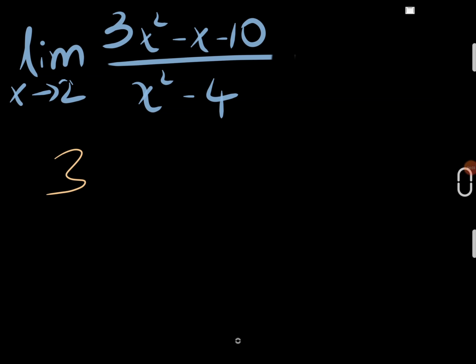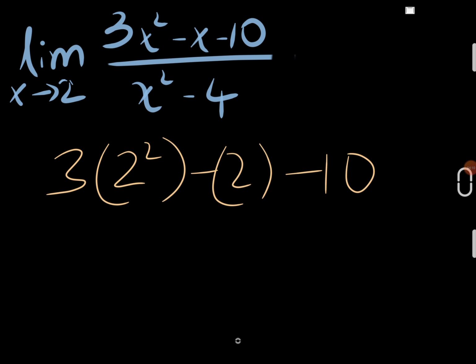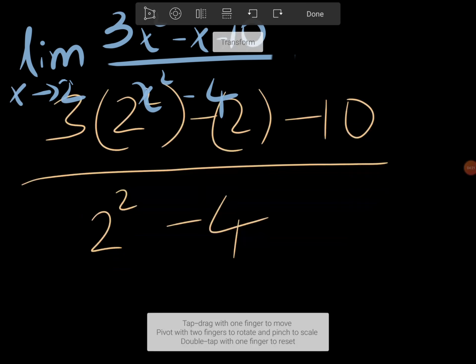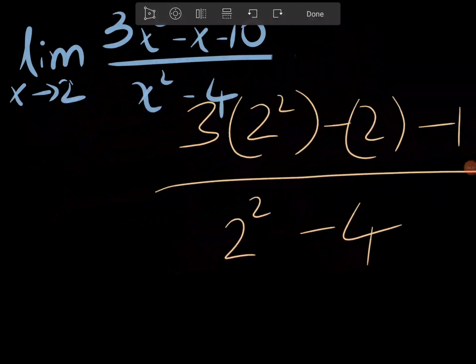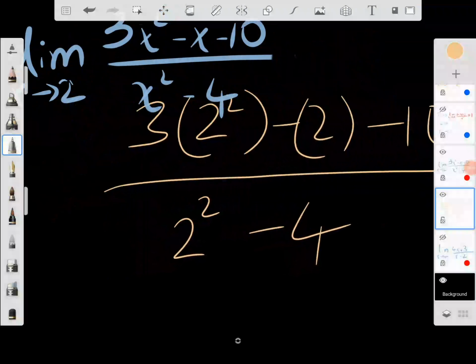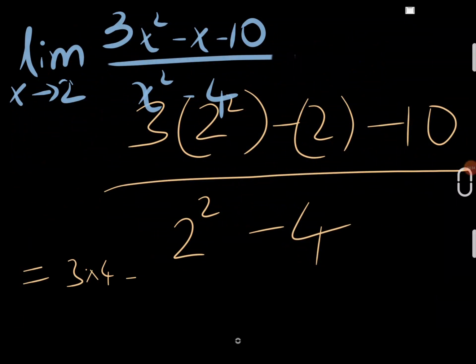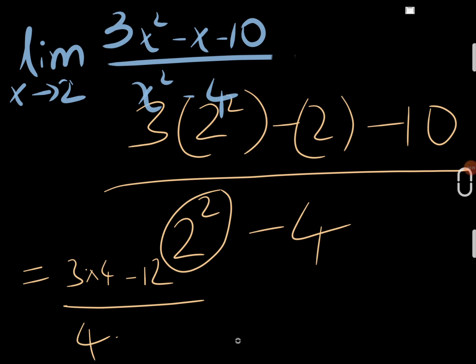So it will be 3 times 2 squared minus 2 minus 10, whole divided by 2 squared minus 4. 3 into 2 squared is 12, minus 2 minus 10, that is 0, divided by 2 squared minus 4, that is 4 minus 4.